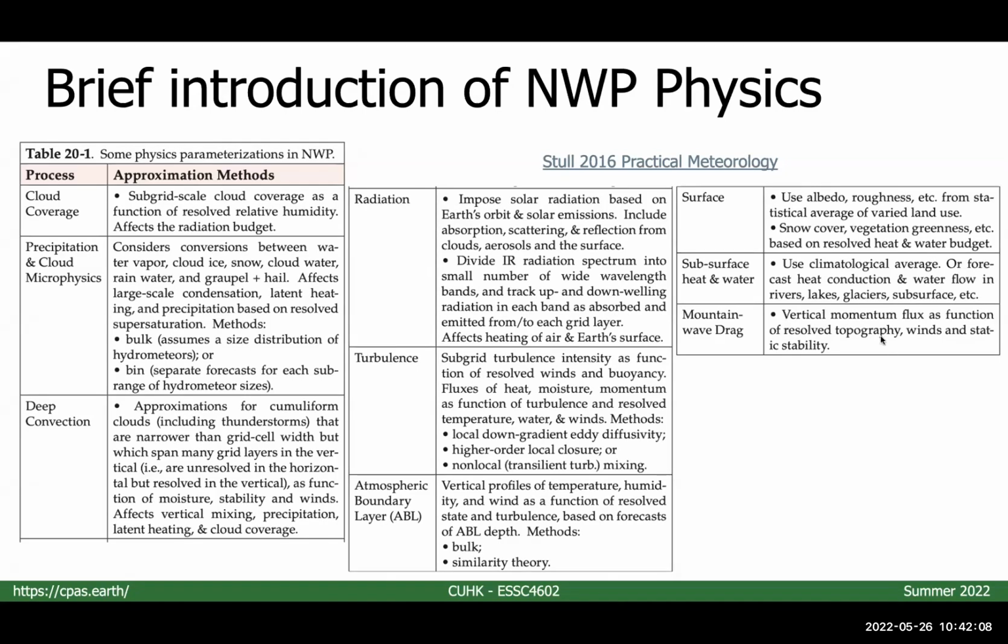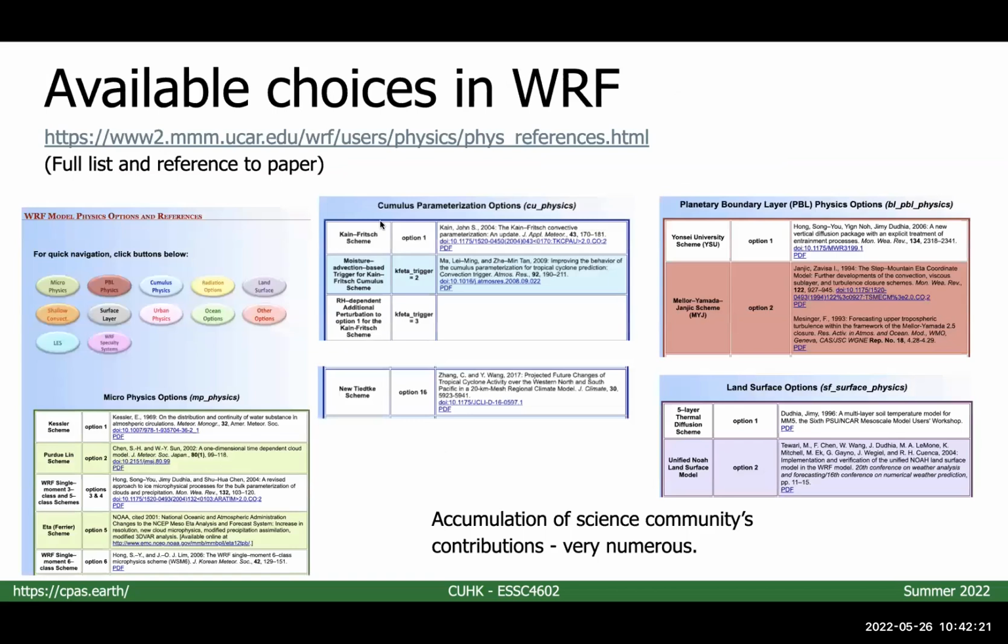So these are a number of important processes that will be or should be taken care of in a numerical weather prediction model, but there is a variety of models. So for models, we should be familiar with the WRF model, which is the most popular model nowadays, which we can look into to see how many choices are already present or supported in this open source model.